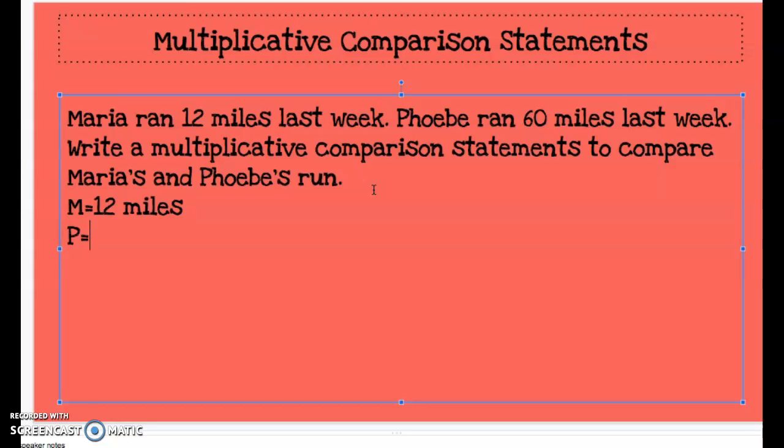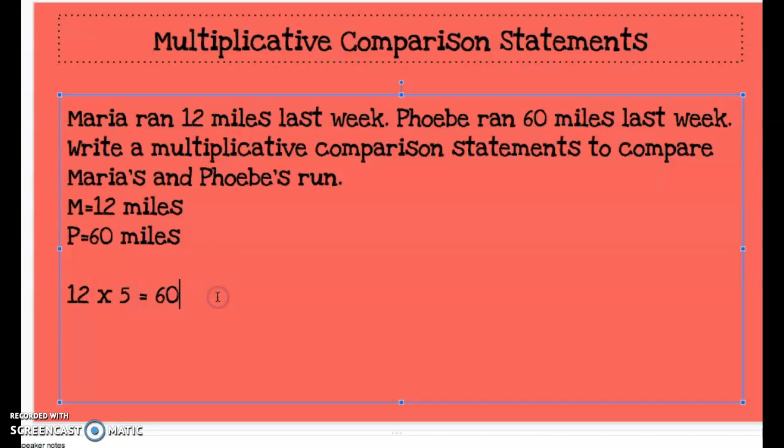I also know that Phoebe ran 60 miles. And the question's asking me to write a statement that compares these two. So I need to ask myself here, well, 12 times what gets me to 60? I know that 12 times 5 equals 60.